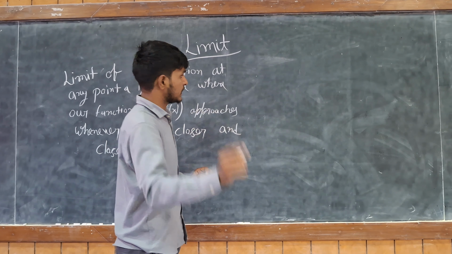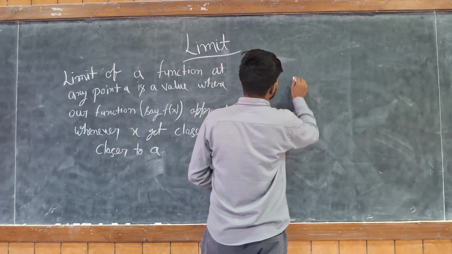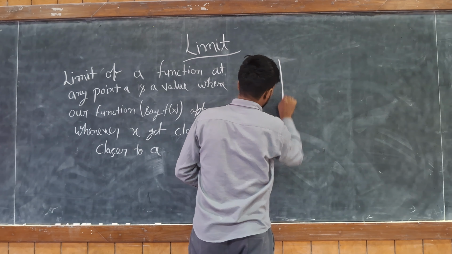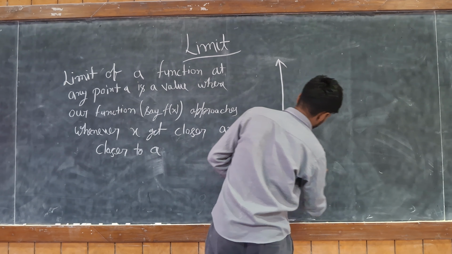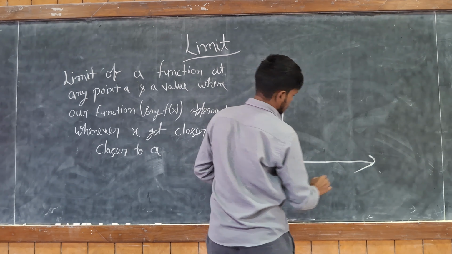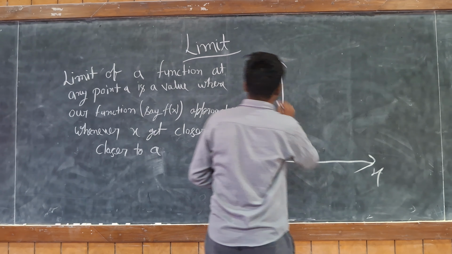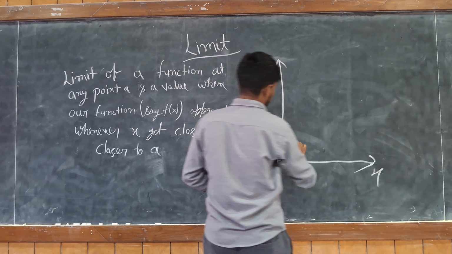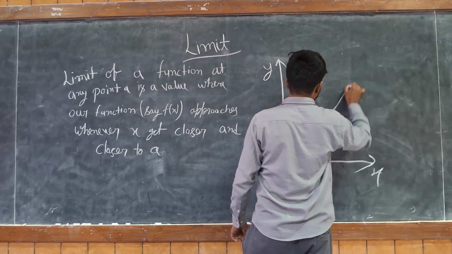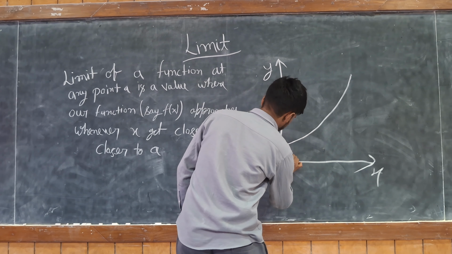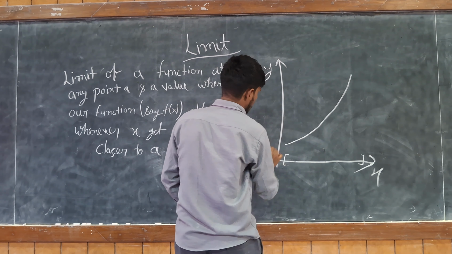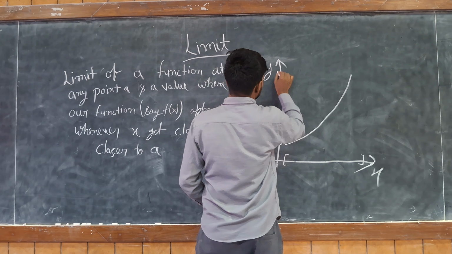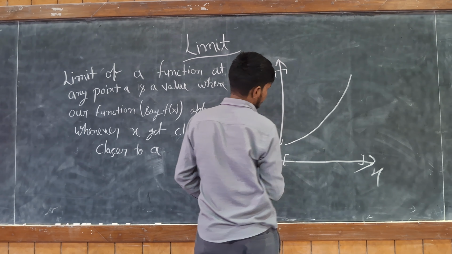Let us see by a 2D diagram. Let this be our x-axis and y-axis, this is our function, this is the domain of the function and the codomain.